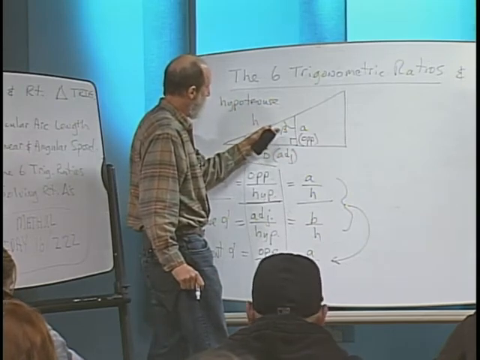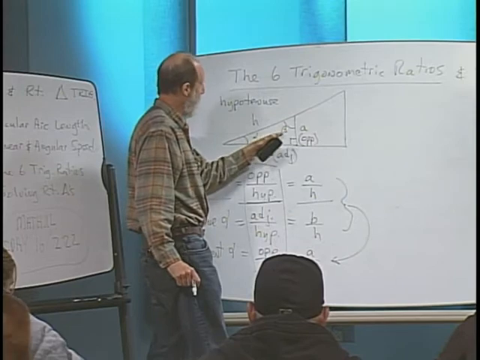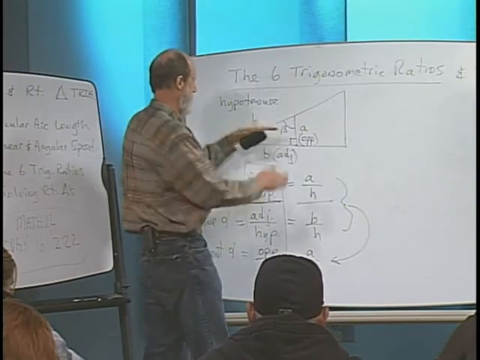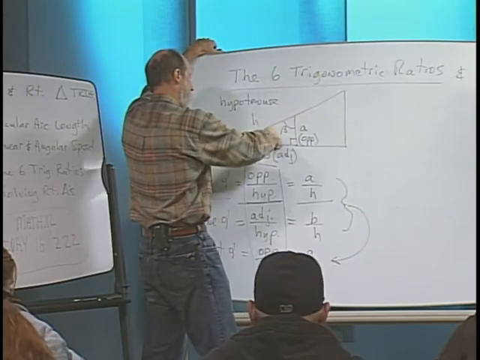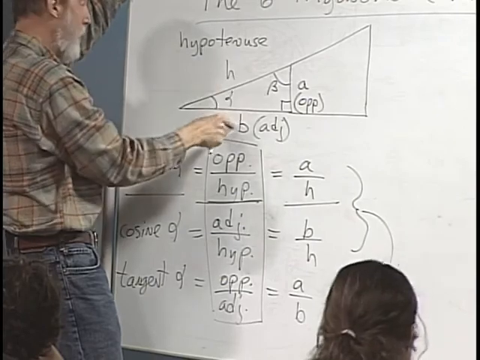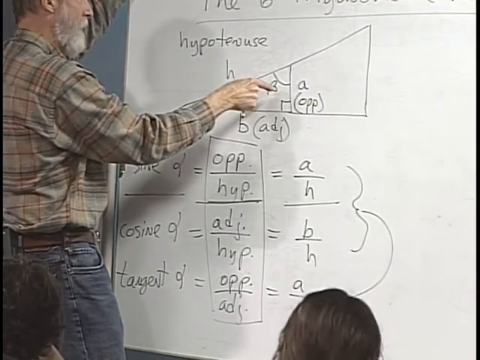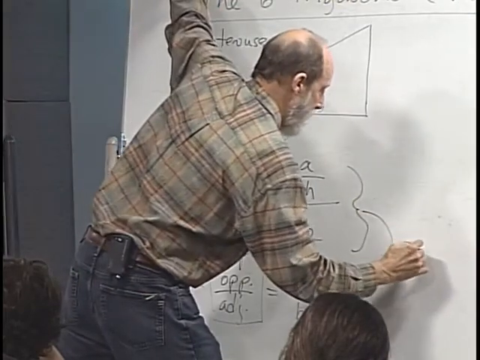If I was in here with angle beta now instead of alpha, what would be the sine of beta? Look at the trig based on definition. Opposite is this side divided by hypotenuse. B over H is the sine of beta. B over H is this thing right here.